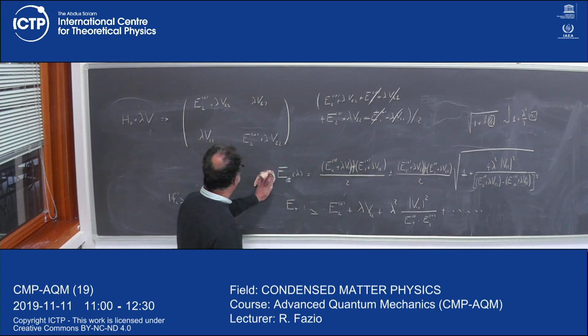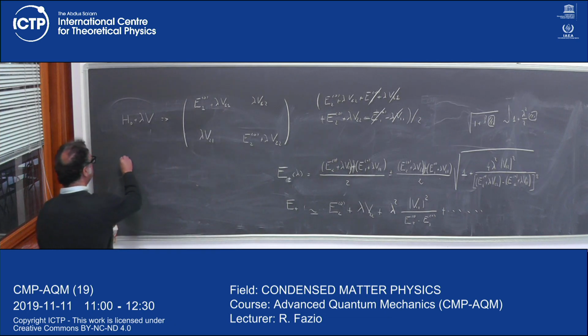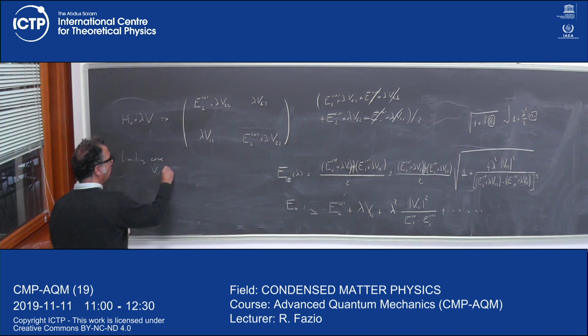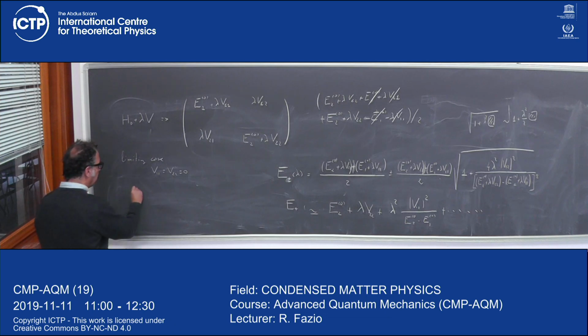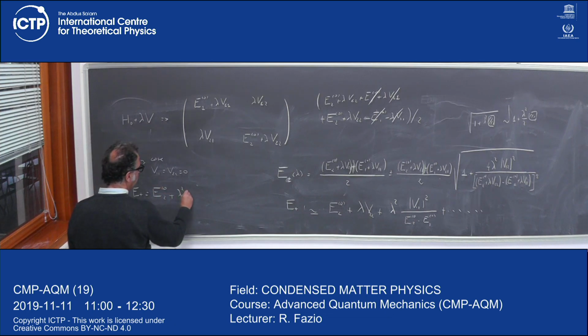So now I would like to discuss the limiting case where V11 equals V22 equals 0. Now, E plus is just equal to E02 plus lambda square V12 square divided by the gap.